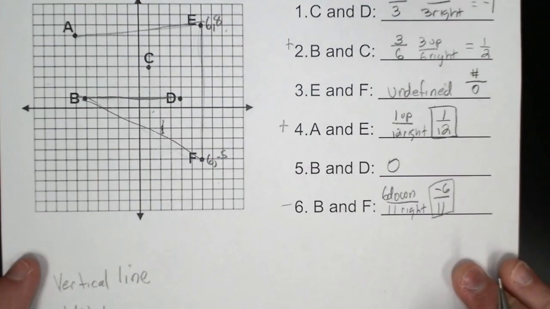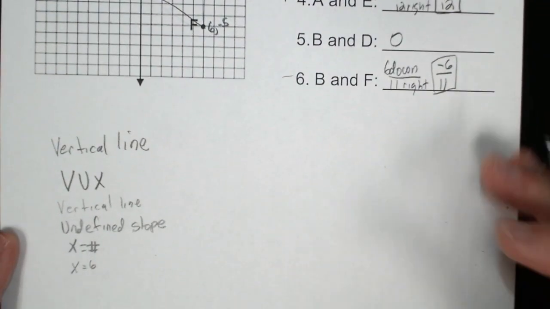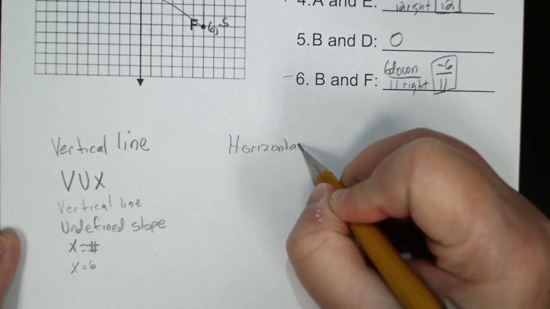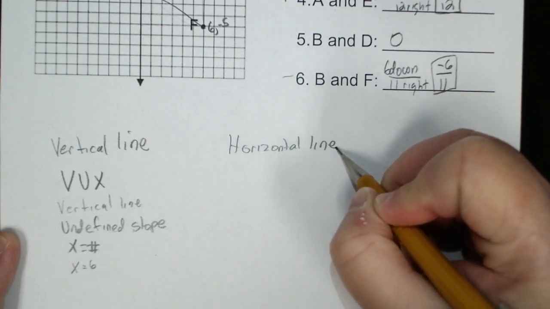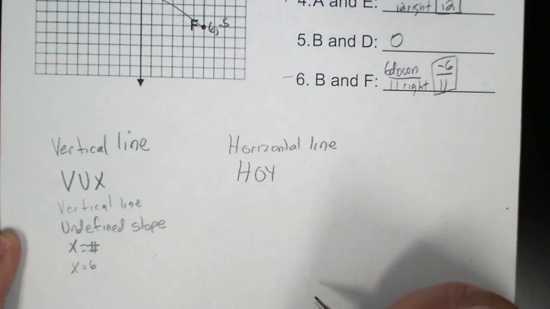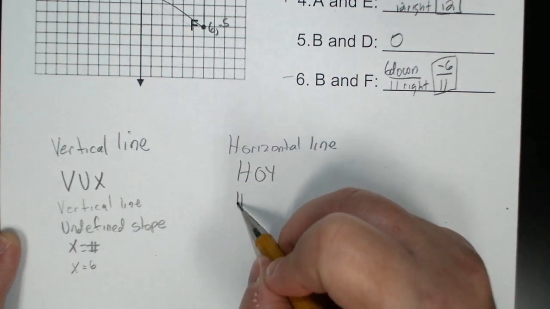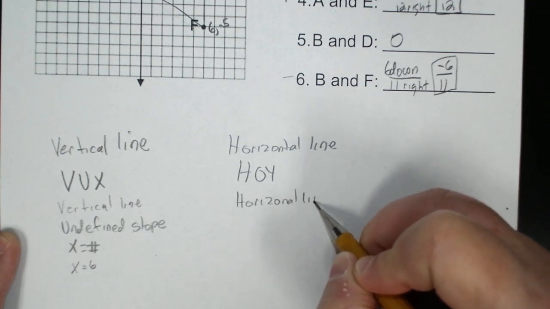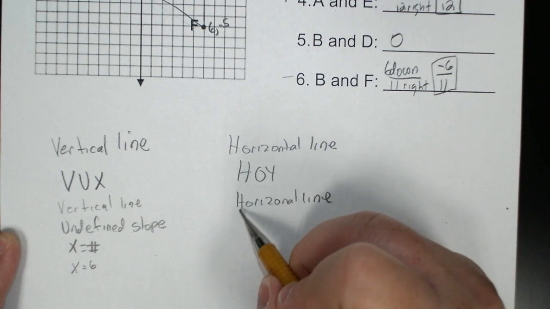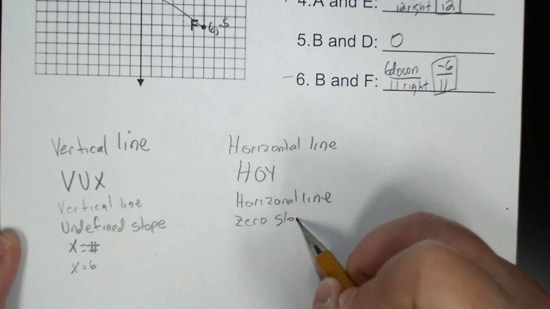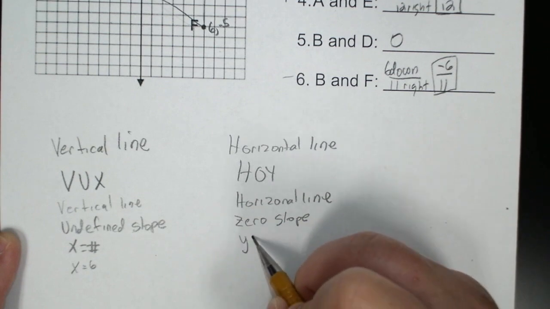Okay, there's also one for horizontal line. Horizontal line, and I call it HOY, and that stands for horizontal line, zero slope, Y equals a number.